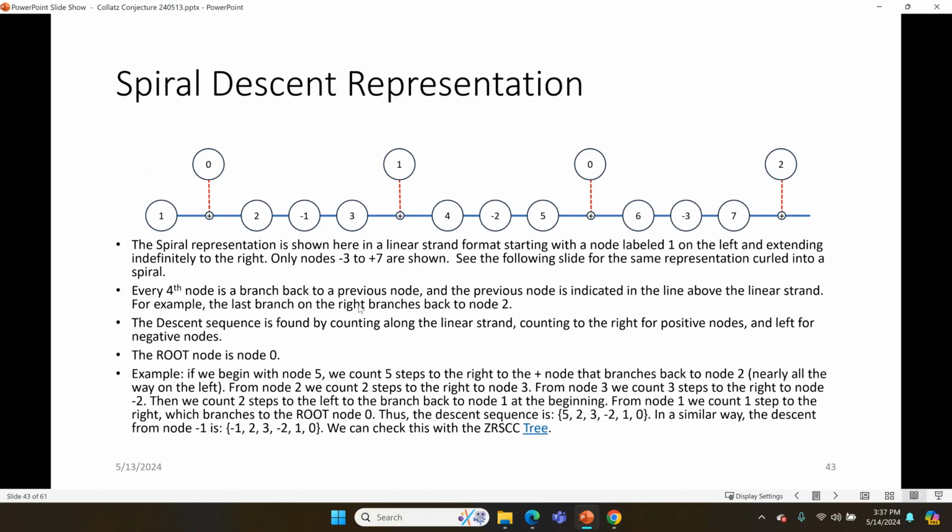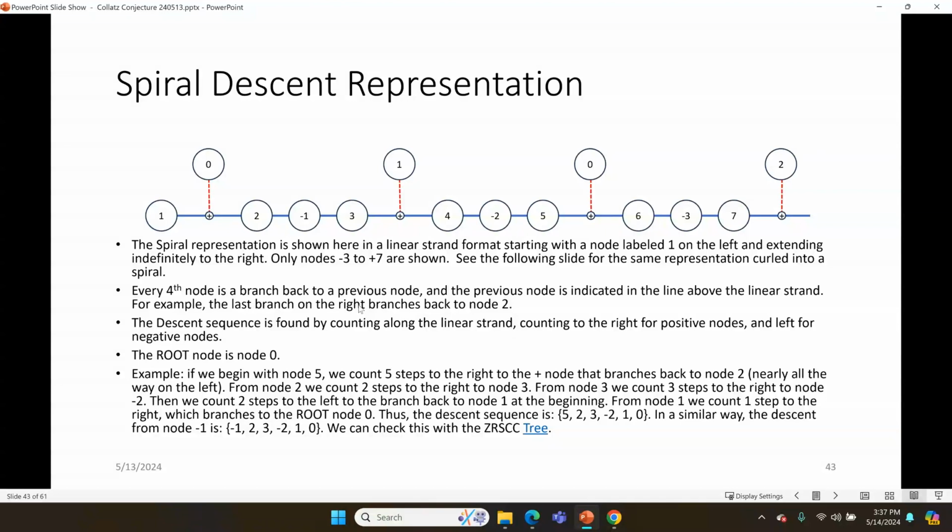So we arrange the values of Z starting with 1, then there's a space, and then 2, and then minus 1, then 3, then a space, then 4, and minus 2, and 5, and then a space, and then 6, and minus 3, and 7, and a space, and so forth.